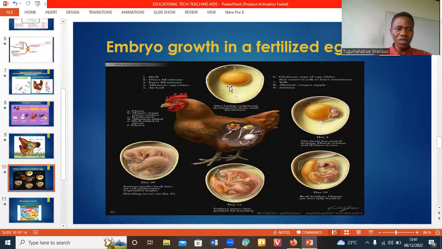So the embryo growth starts, and it takes place for 3 weeks or 21 days.